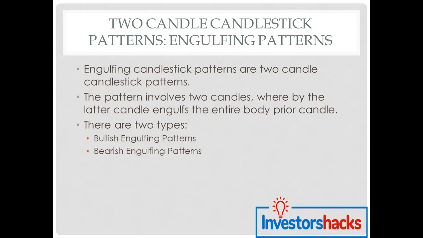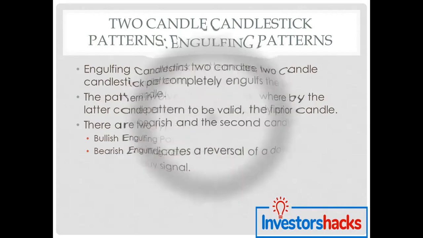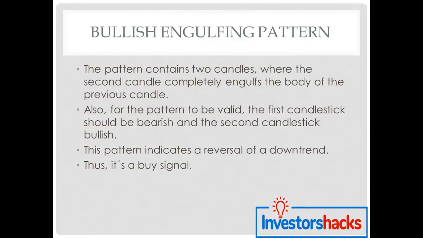There are two types of engulfing patterns. We have the bullish engulfing pattern and we have the bearish engulfing pattern. The bullish engulfing pattern is a high probability candlestick pattern that you need to master and know how to trade effectively because it is high probability.